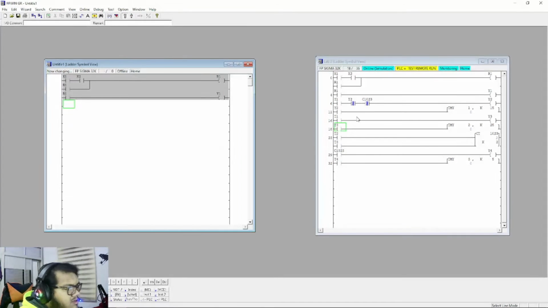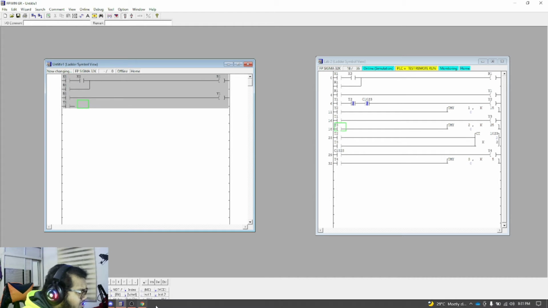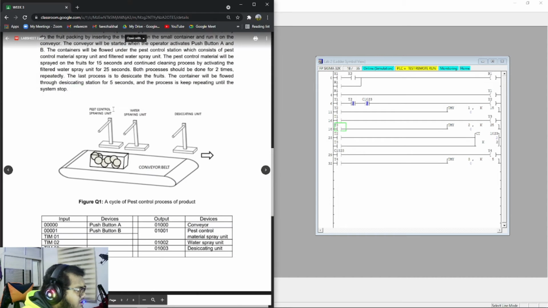Next, after Y1 has been activated, we put the input Y1. Y1 will also activate Y2, which is the pest control spray unit.